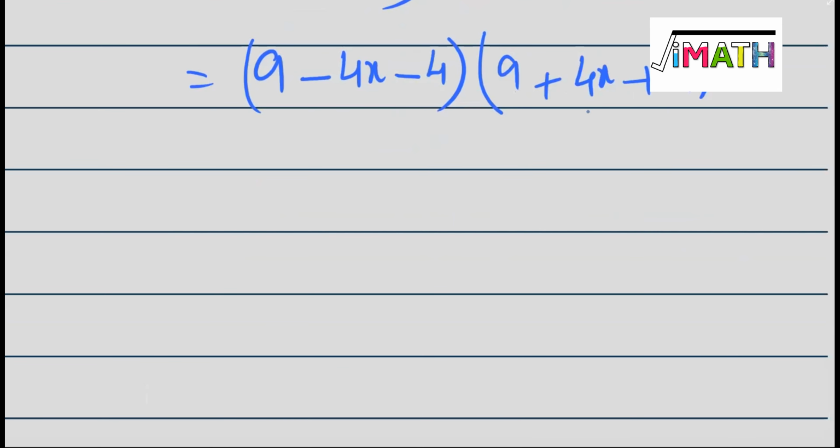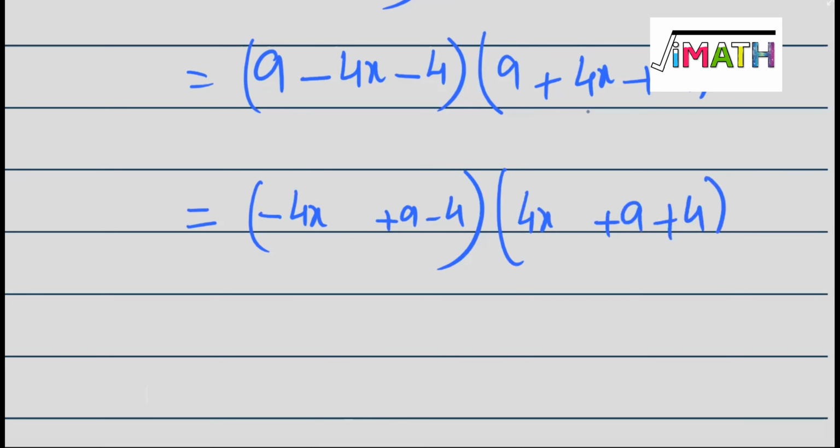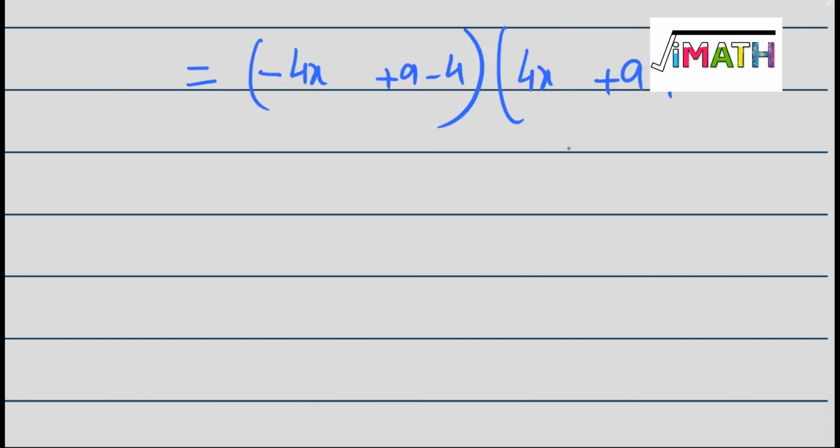It is tradition to write the variables first, so I'm going to write minus 4x plus 9 minus 4, and the same thing here, 4x plus 9 plus 4.